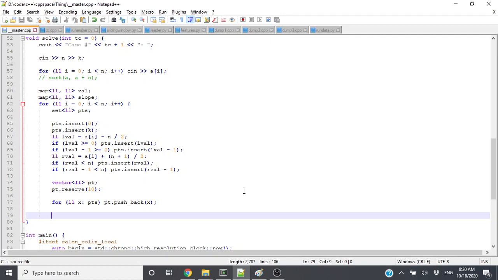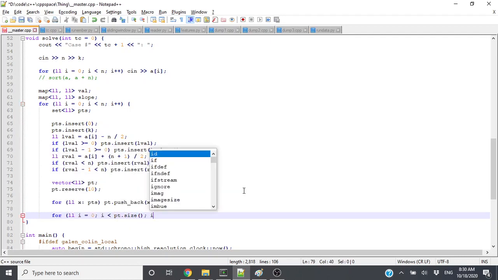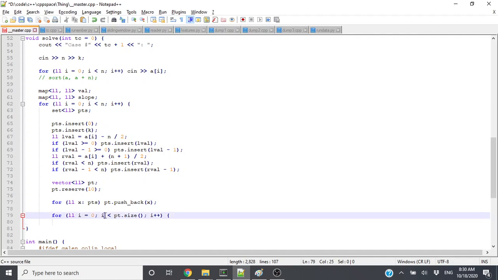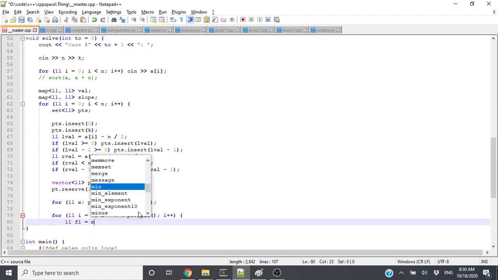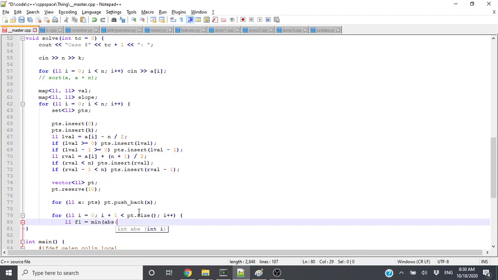And then now we just do this. For i, should be i plus 1. And we just compute this function.